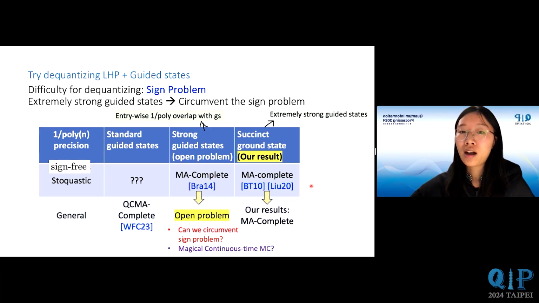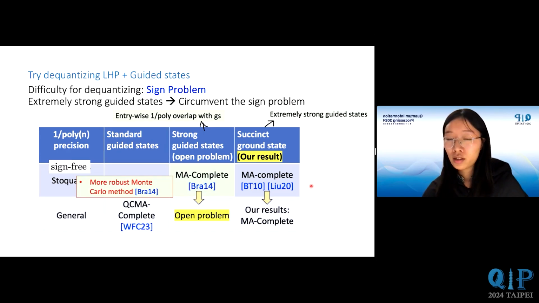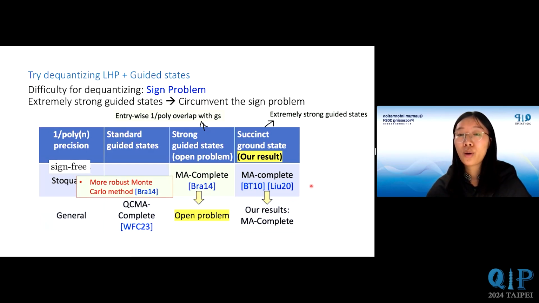One more remark I wish to give is that the Monte Carlo method used in our current paper is very sensitive to errors. Many people ask me how I even expect to generalize this method to the strong guided state case. The reason I believe the conjecture is true is because I know there are more robust Monte Carlo methods which can handle the errors.